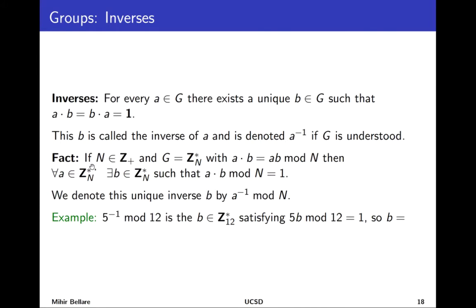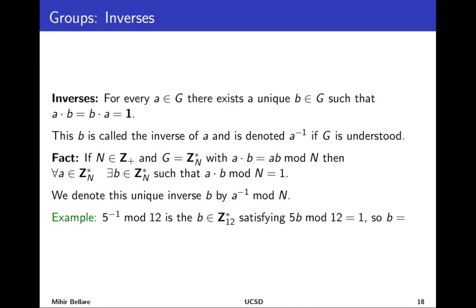So let's say n was 12 as usual, and let a be 5. So what is the inverse of 5? I have to look at this equation: 5 times b mod 12 is 1. And then I have to solve it for b. That's what the answer is. Well, we don't have too many methods for solving at the moment. The best we can do is just try.